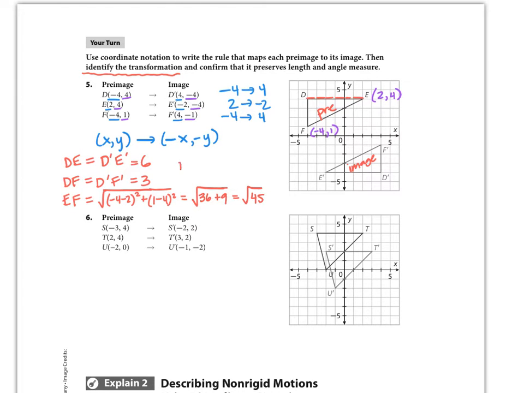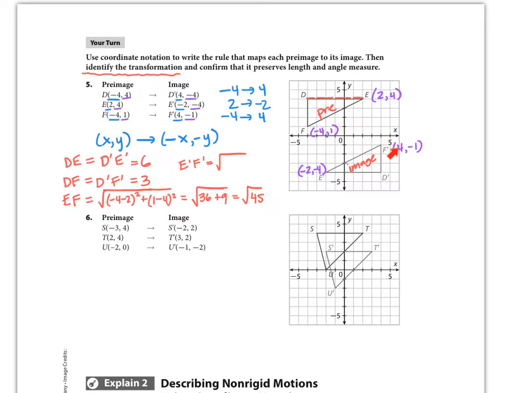Okay, and I'm going to do it up here. I don't have a whole lot of space. E prime, F prime. Let's write down these points. This is -2, -4, and 4 comma negative 1. So I'm just going to do this mentally. If I take the x's and subtract them, negative 2 minus 4 is negative 6.